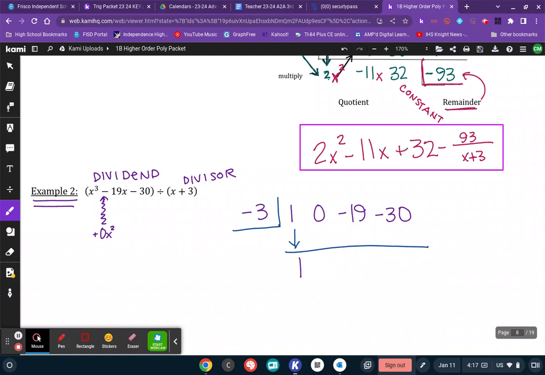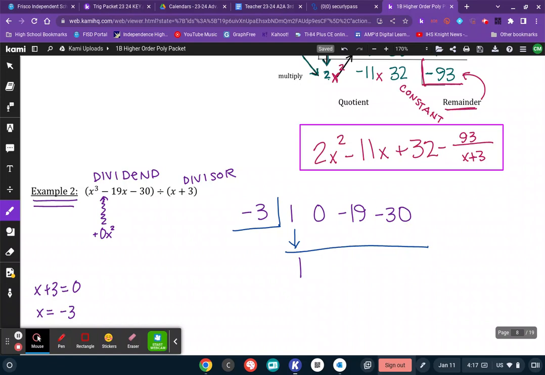The divisor is the root or the 0, so it's always going to be the opposite of this sign here. Technically, what we're doing is we're taking this factor x plus 3 and setting it equal to 0. So by doing that, if I take the factor and set it equal to 0 and then solve for x, that's how I come up with the 0.